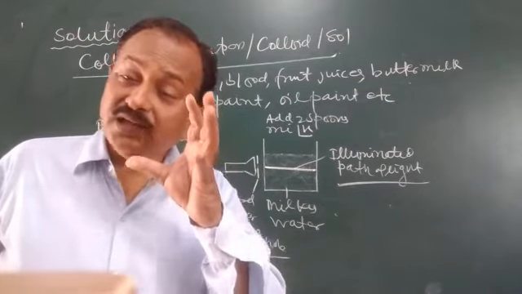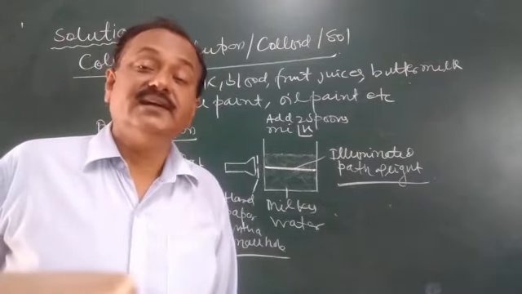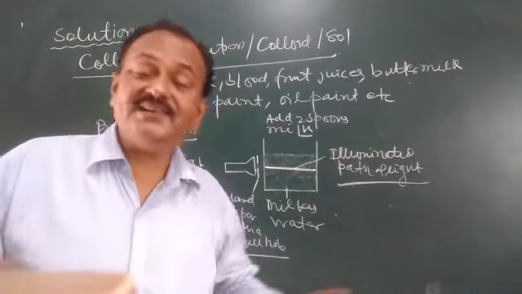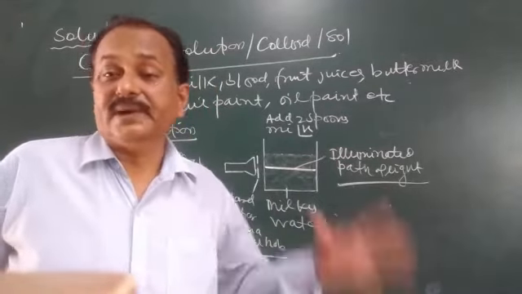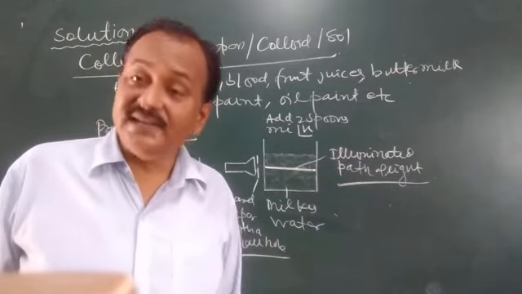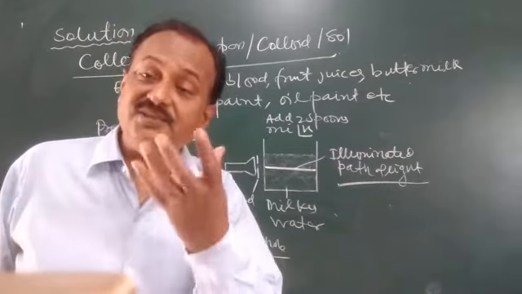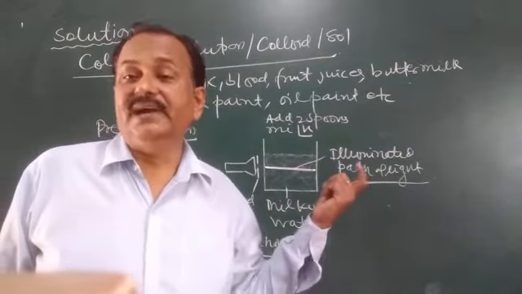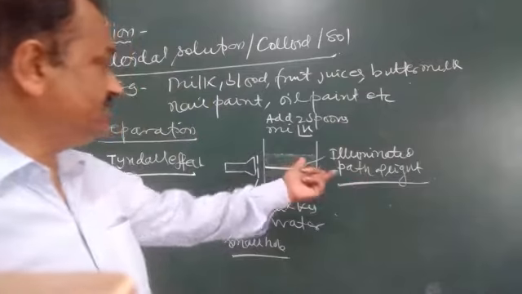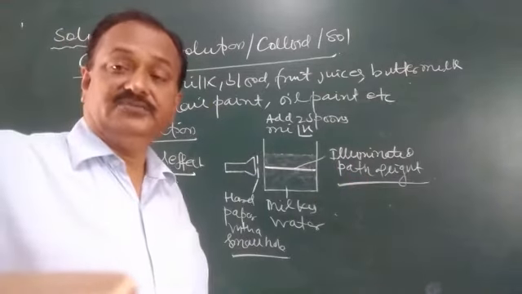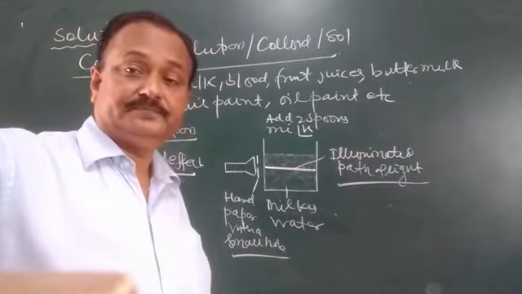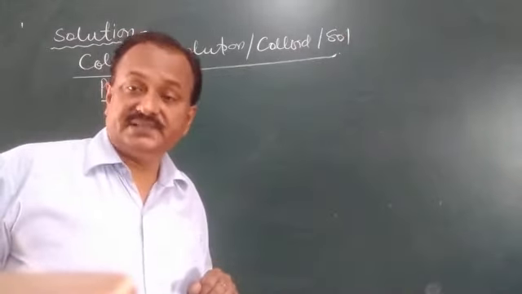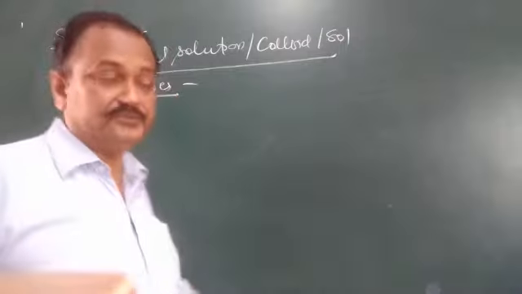So the quanta, the particles of light called photons, are scattered by the particles of solute, and this is the reason behind the Tyndall effect. Now we'll see the properties. Coming to the last segment in this video, properties of colloidal solutions.